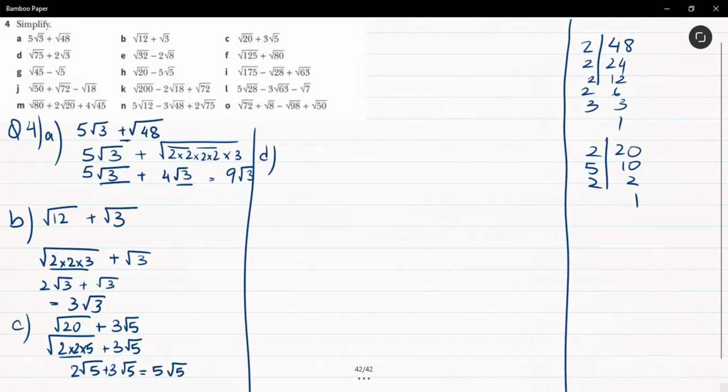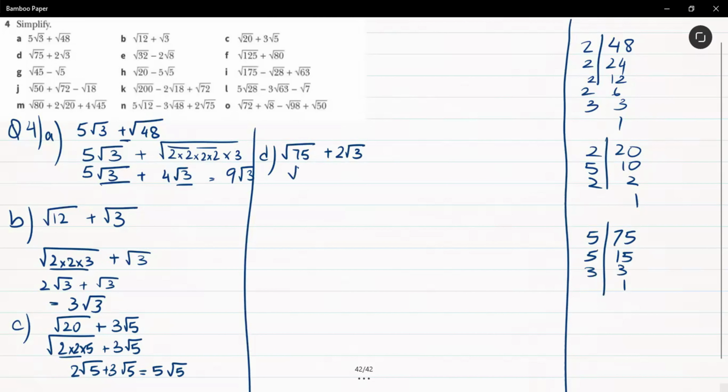For part D, we have √75 + 2√3. Simplify √75 first of all. 5 fives are 25, 15 is 75, 5 threes are 15, 3 ones are 3.